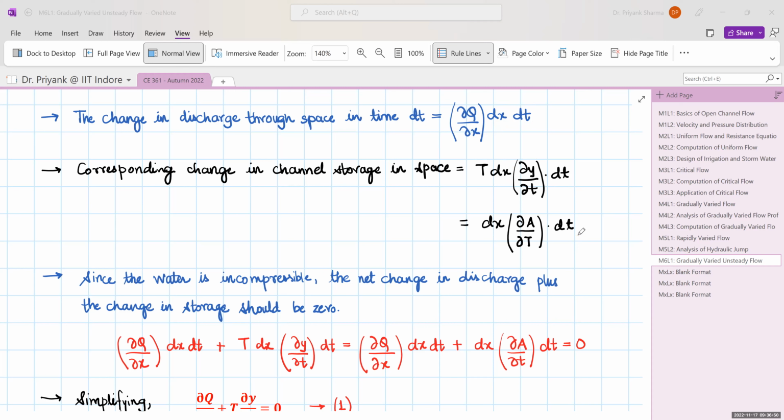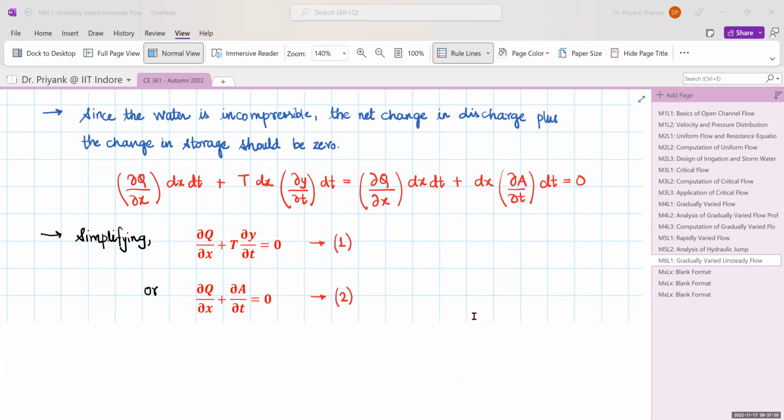Now, if the water is incompressible, the net change in discharge and volume should be zero, because mass is conserved. Rewriting this equation, you have del Q by del x into dx dt as the first term, and the second term T dx del y by del t, rearranged as dx into del A by del t, so that becomes zero because it is incompressible.